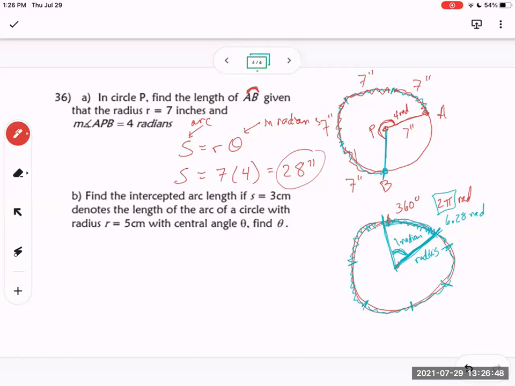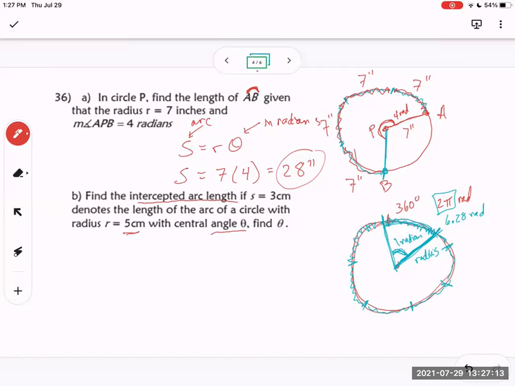All right. Part B says, find the intercepted arc length if S equals 3 centimeters, denotes the length of the arc of a circle with radius 5 centimeters, with the central angle theta. This is confusing.